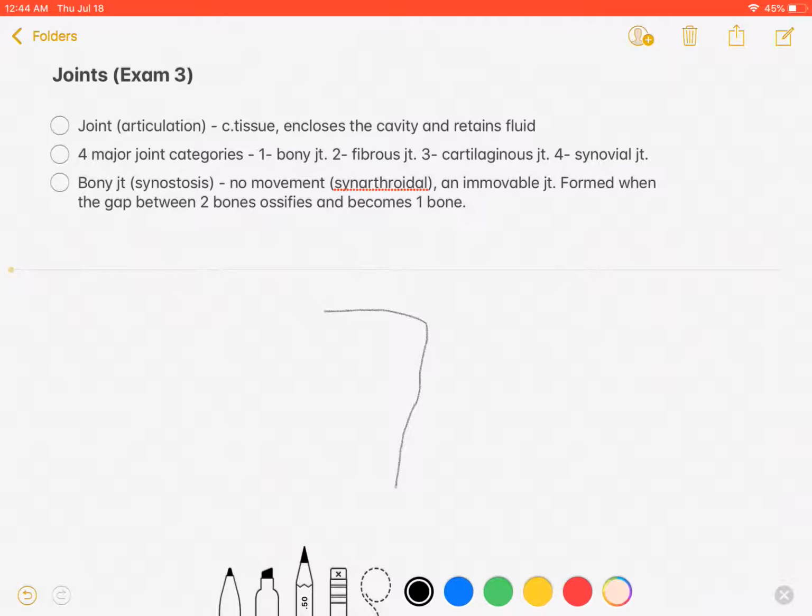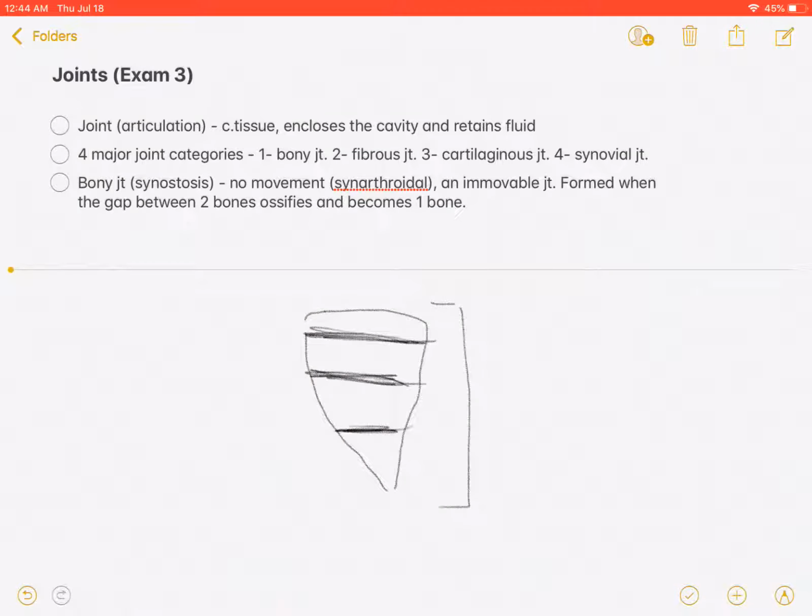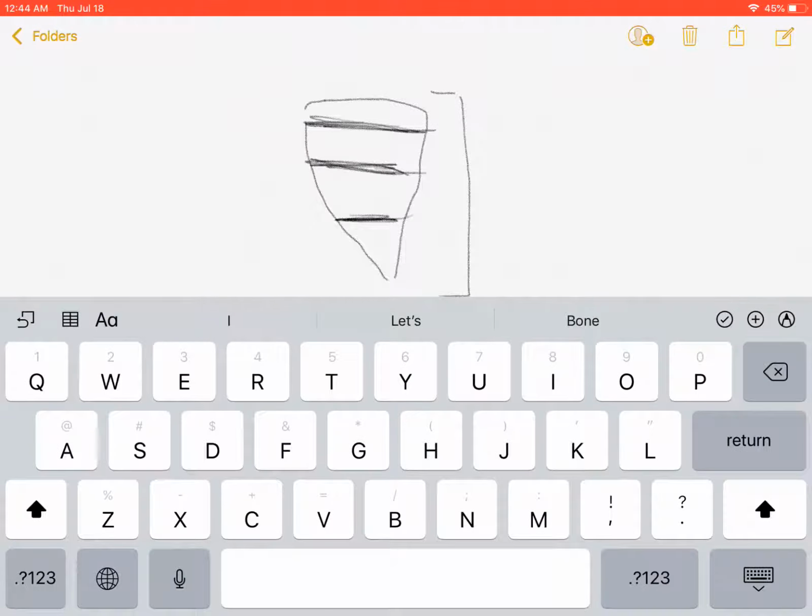Let's just make believe that this is your coccyx. Horrible drawing of the coccyx, by the way. And it's split here and here. Once this bone ossifies and goes from these sections into just one solid bone, these little joints become bony joints. So I'm going to exit out of there.